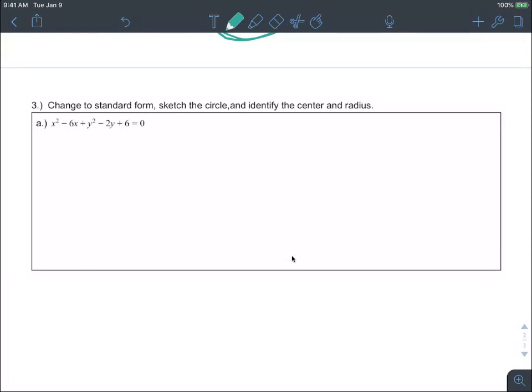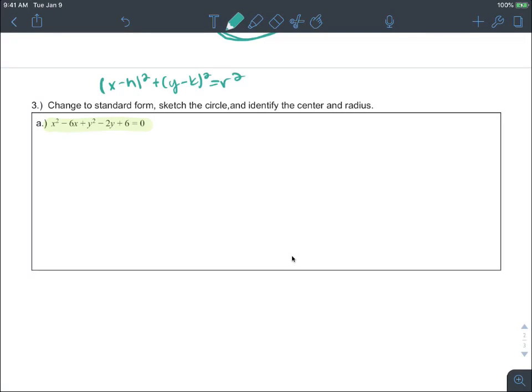We need to write the equation in standard form and then sketch the circle and identify the center and the radius. So standard form is x minus h squared plus y minus k squared is equal to r squared. So we need to change this equation into perfect square form.